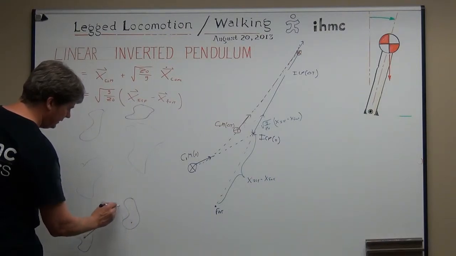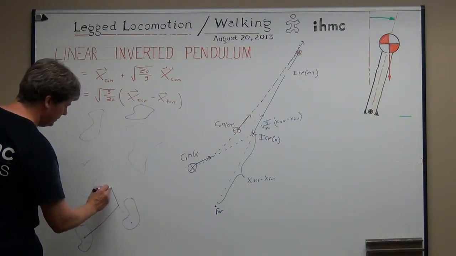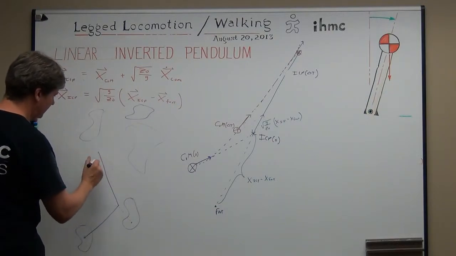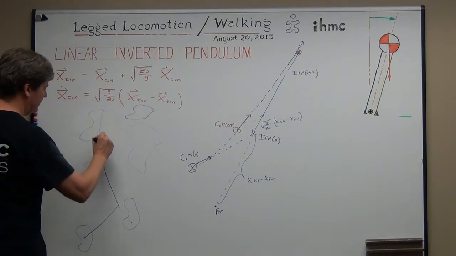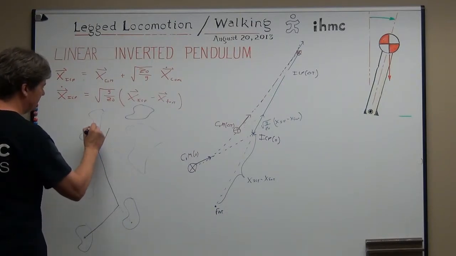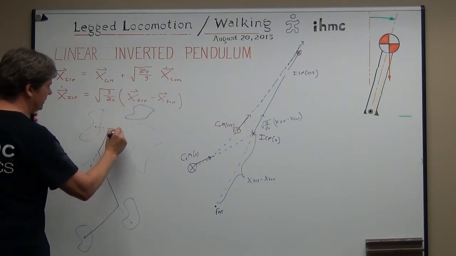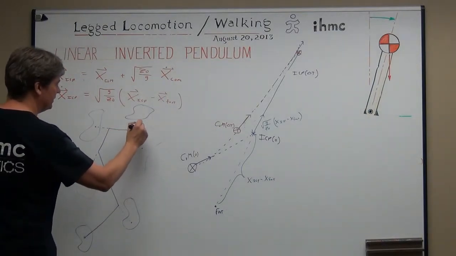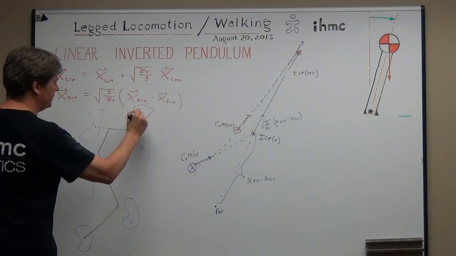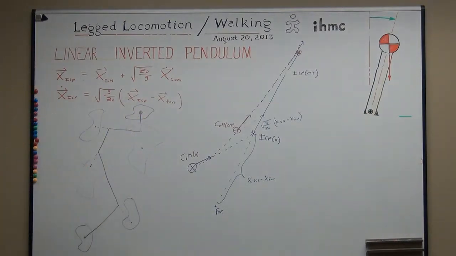That would push it in that direction, until I wait till about there, and then step here. Then once it gets there, I step here, which pushes it in that direction. Once it gets about there, I step here, and once it gets there, step right there and come to a stop. So that's planning using instantaneous capture points.